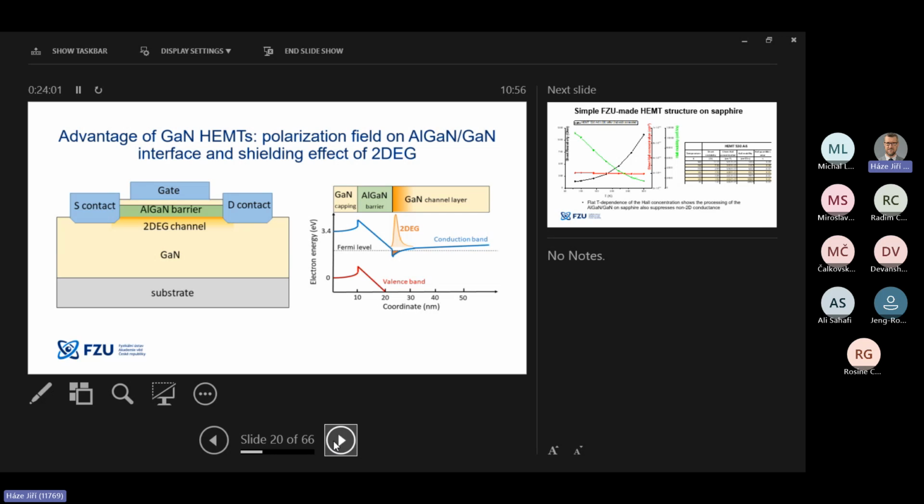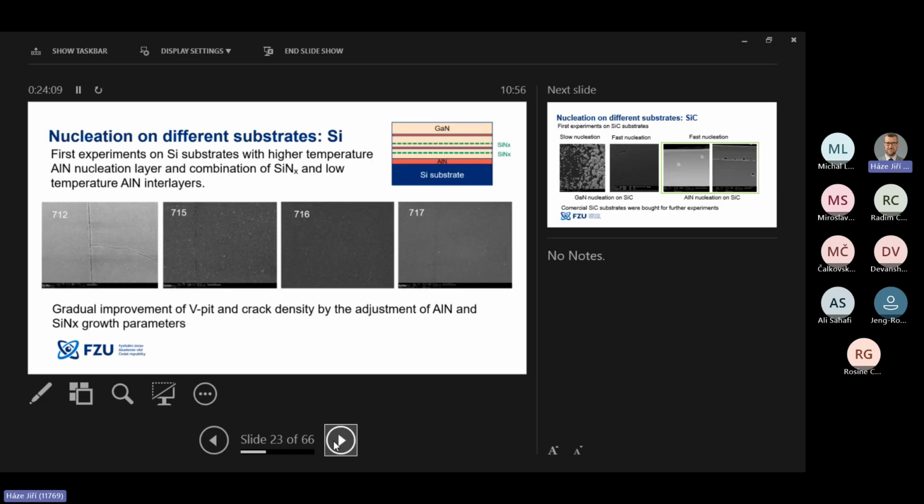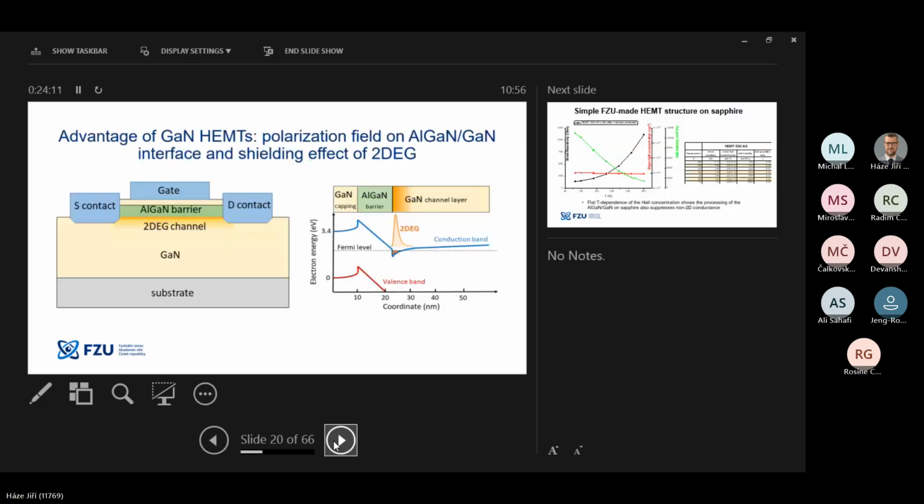So here, the nitride with respect to silicon carbide has the advantage that we can produce heterostructures and that it is a polar semiconductor.